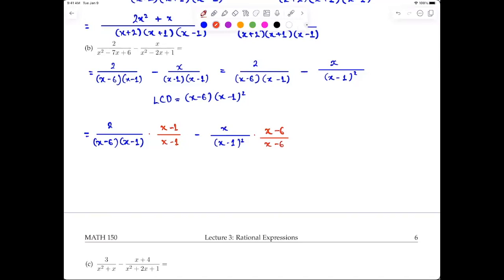All right. So now the denominator is the same. You just combine the numerators together. So you have x minus 6 times x minus 1 squared, and the numerator is 2 times x minus 1 minus x times x minus 6.